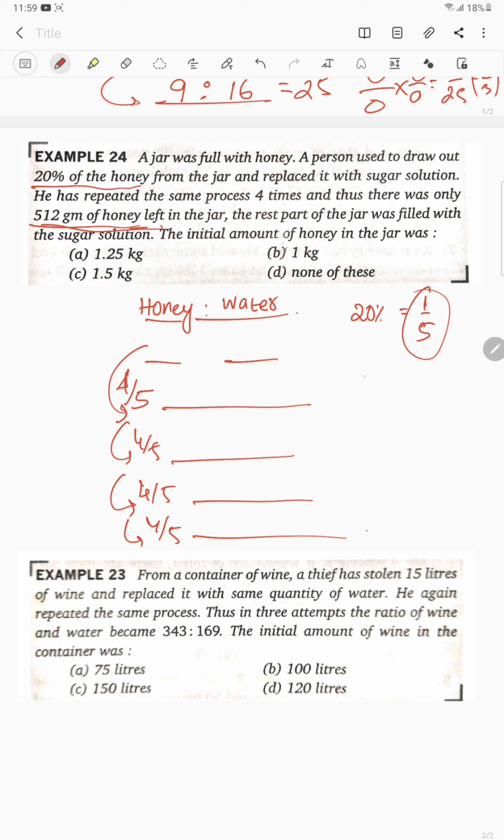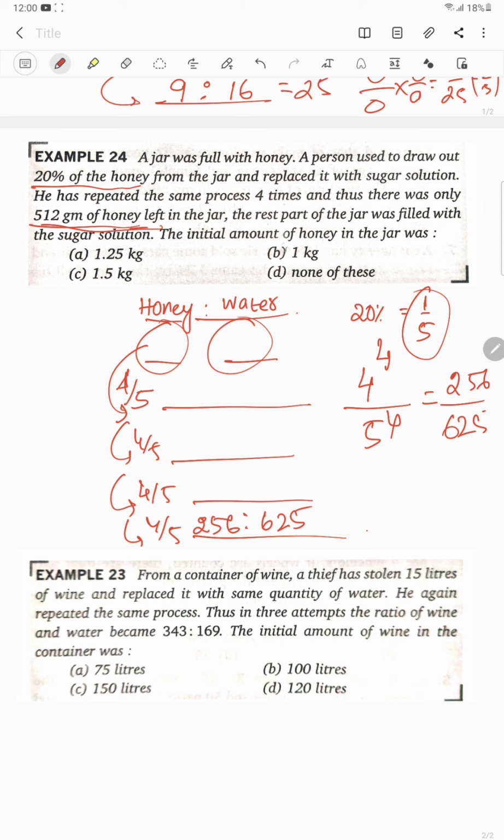So we are multiplying it by 4 to the power 4 by 5 to the power 4, whatever it was in this region, right? 4 to the power 4 is 256, and 5 to the power 4 is 625. So let's write it here, 256 over 625.